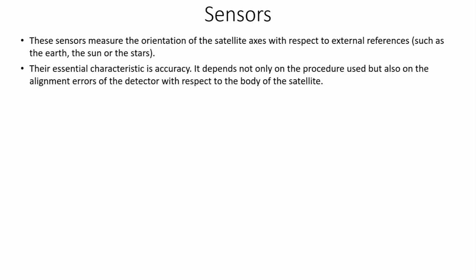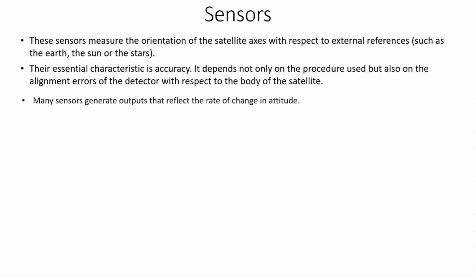Their essential characteristic is accuracy, which depends not only on the procedure used, but also on the alignment errors of the detectors with respect to the body of the satellite, because the sensors are mounted on the spacecraft. If there is some alignment error, the accuracy degrades. How the sensors are aligned to the spacecraft will decide the accuracy of the sensors.